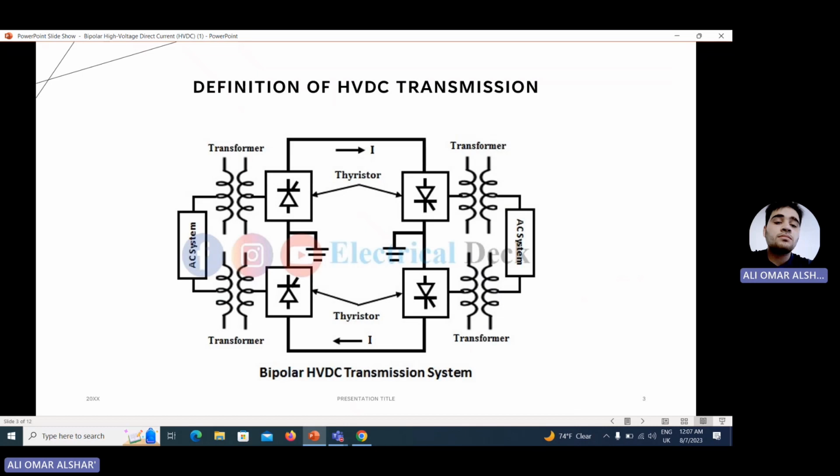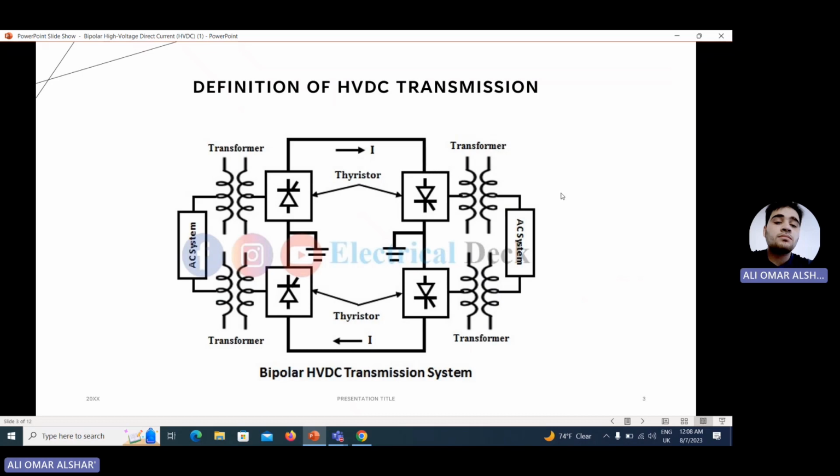electronics, these thyristors. These thyristors are mainly used to change from AC to DC. These two thyristors at the left side we can use to change from AC to DC, and these two thyristors at the right side we can use to change from DC to AC.